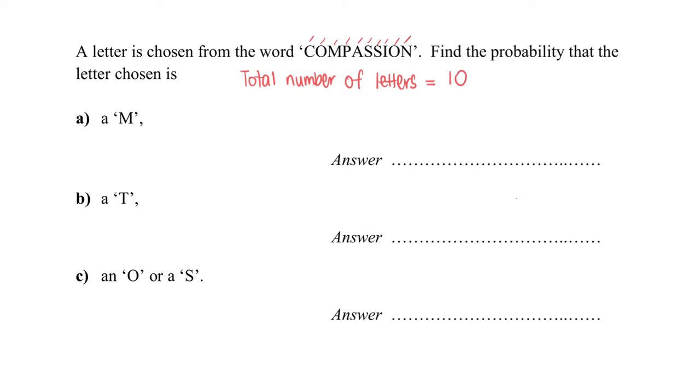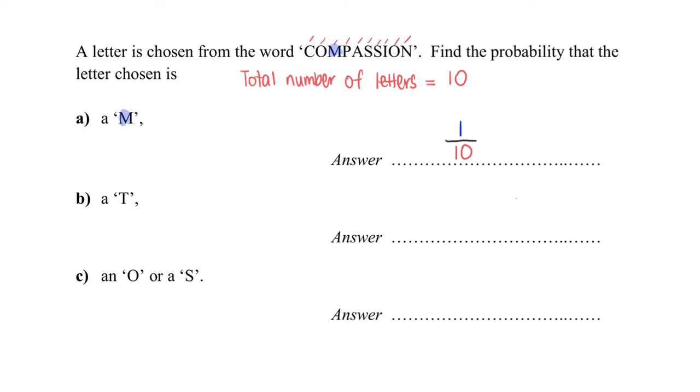There's 10 letters in total, and out of which, for letter M, there's only one letter out of 10, and that will be the probability of finding an M from compassion.